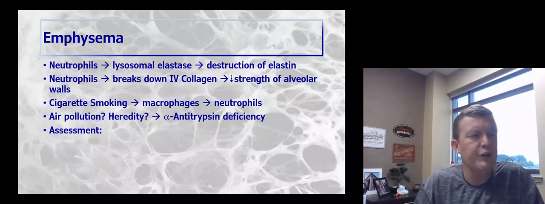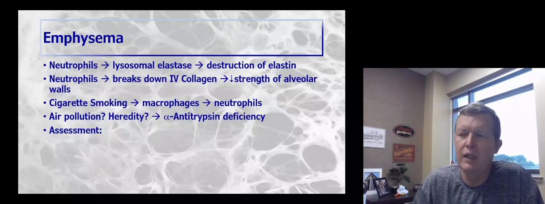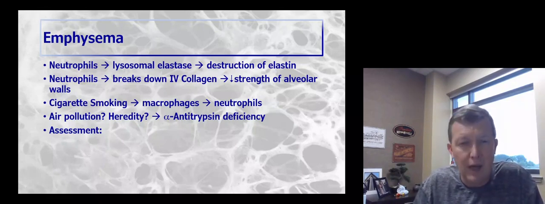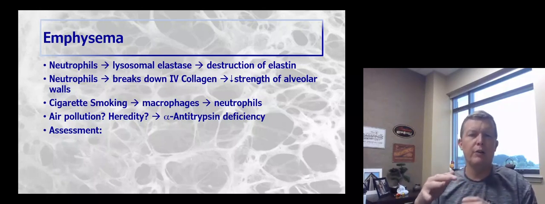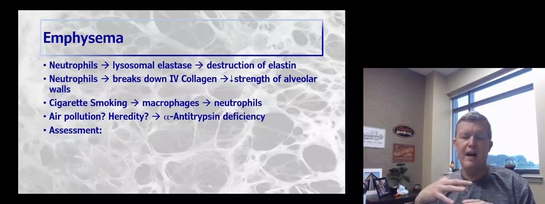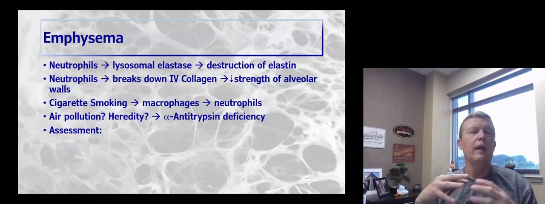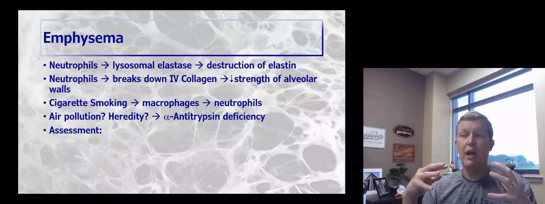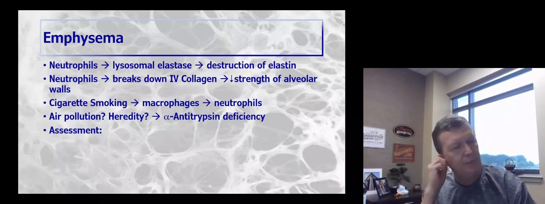Also, the neutrophils break down collagen. As collagen breaks down, this destroys the strength of the alveolar and vascular walls. Collagen provides, much like rebar in concrete, the strength to that connective tissue, with elastin providing the stretch so that it is both strong and elastic.